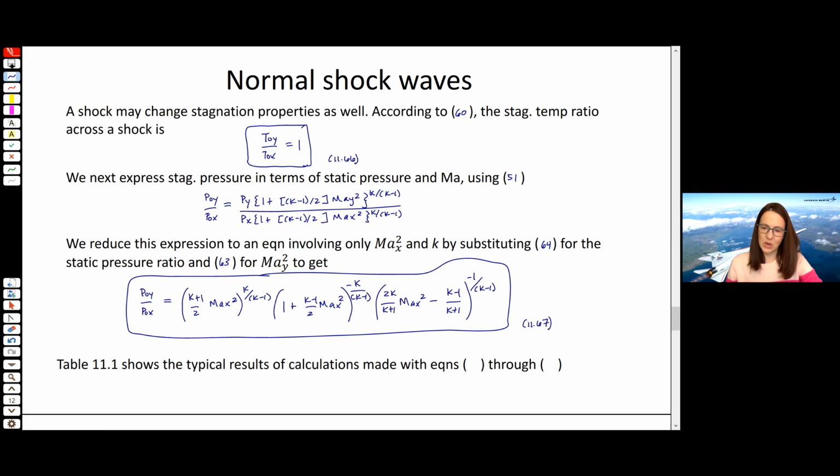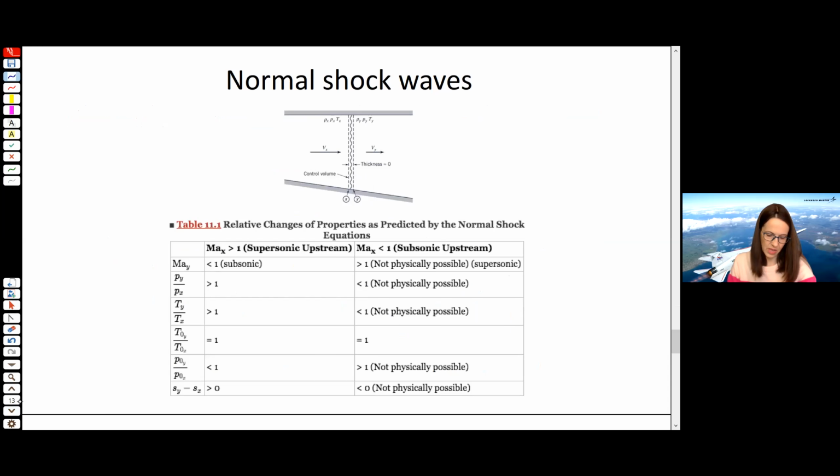All right, so this table shows the typical results of calculations made with these formulas, numbers 11.62 through 11.67. And let's take a look at that. Right, so here we've got our nice normal shock. Upstream values have subscript x, downstream subscript y. So in the first column, we've got just what our quantity is, right?